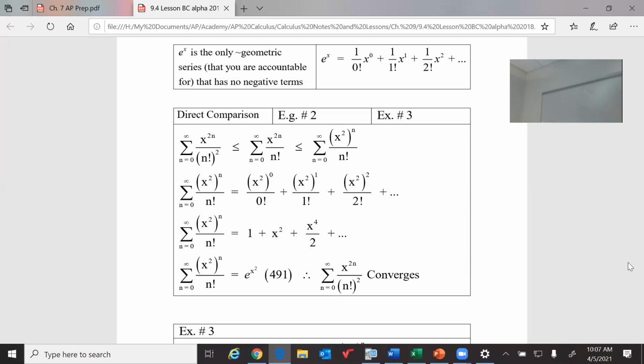It gives you some other ones which you don't really care as much about. 1 over 1 take away x is kind of like, no offense, but that's easy. The other ones, sine, cosine, and e to the x, you're accountable for. So what's up here, which is what's on the PowerPoint, is your model. We're going to pause this and send you to problem number 3.